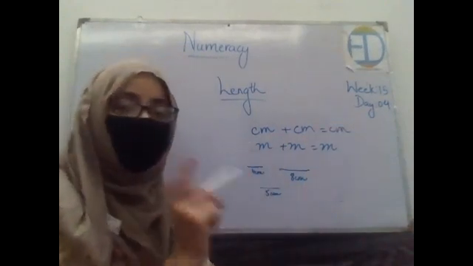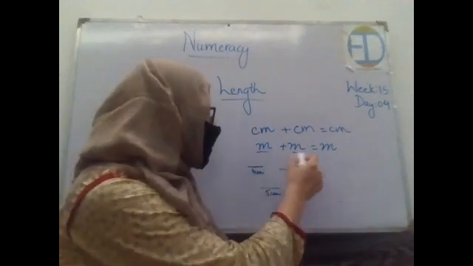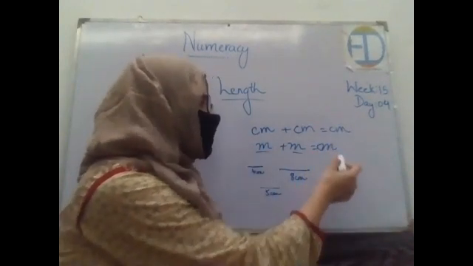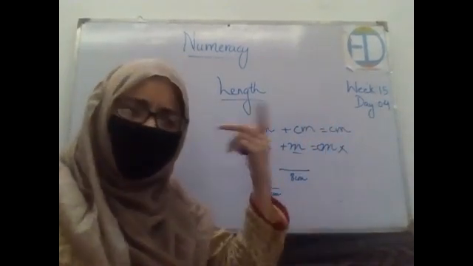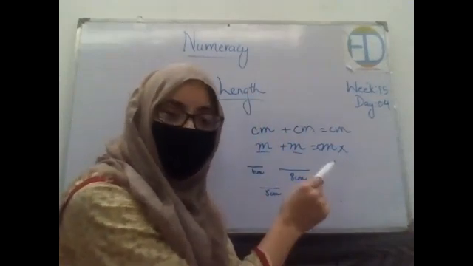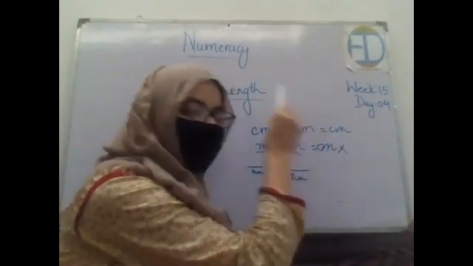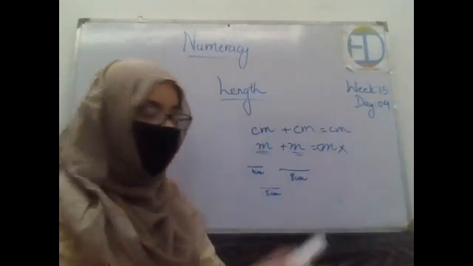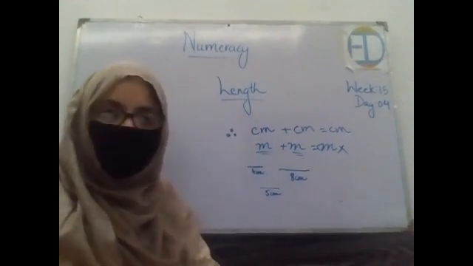Let's say in the question you are given the height of two persons in meters, and if you write centimeters in the answer, your answer would be wrong. Maybe the answer is right, but the unit would be wrong. So whatever the unit given, you are supposed to use the same unit. Got it? You should remember this.